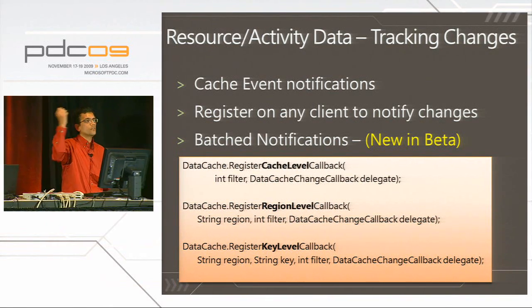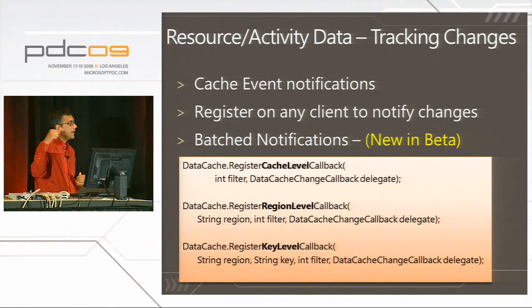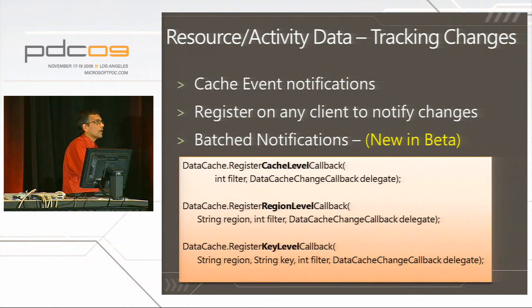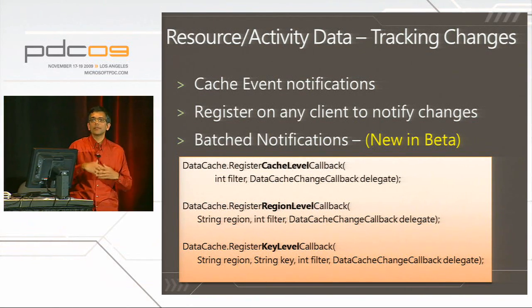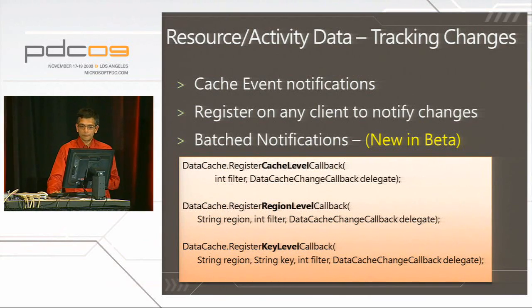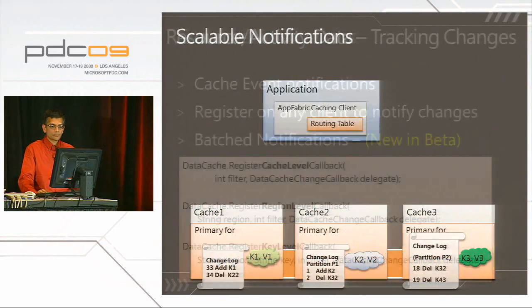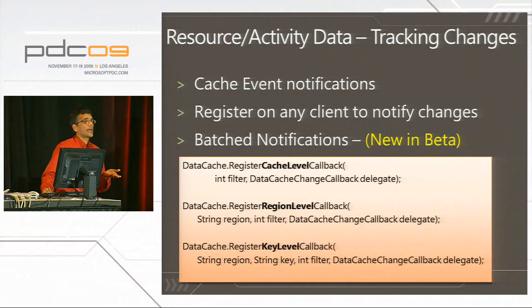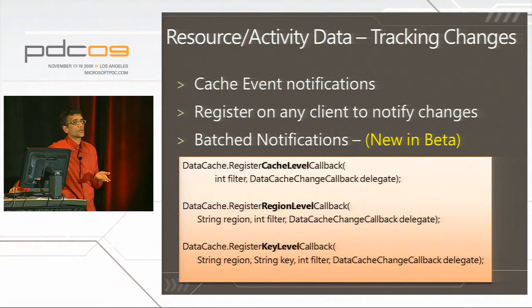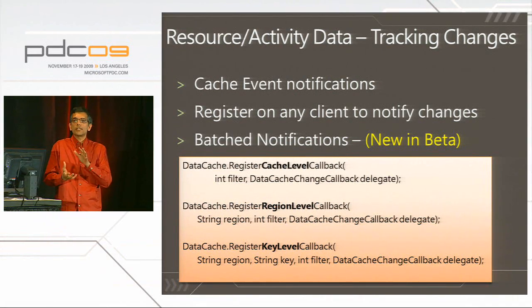Any of your applications can register for it, and if something changes, the cache will call your callback and say, hey, this is the activity that happened, and this is the change that happened. In beta, we've also added a bulk notification feature, so you can get the changes in bulk.